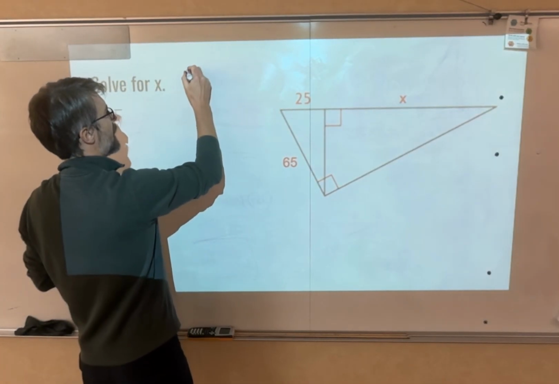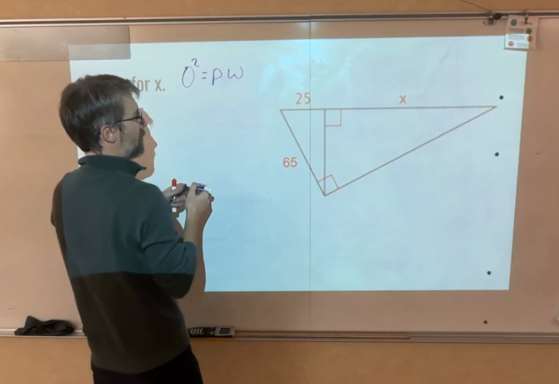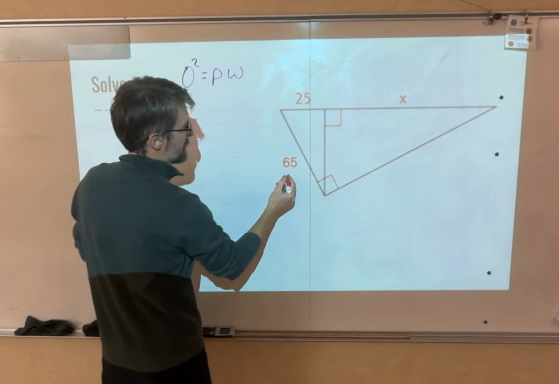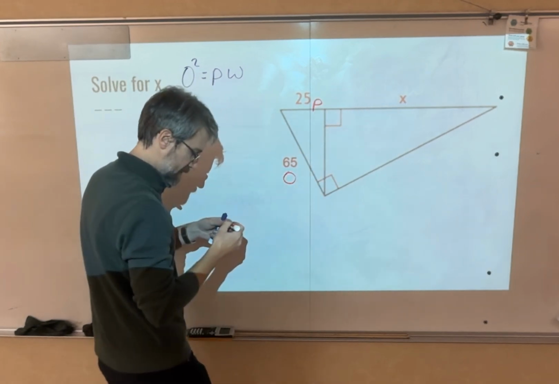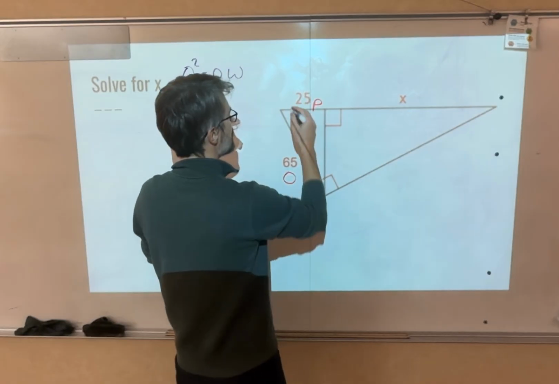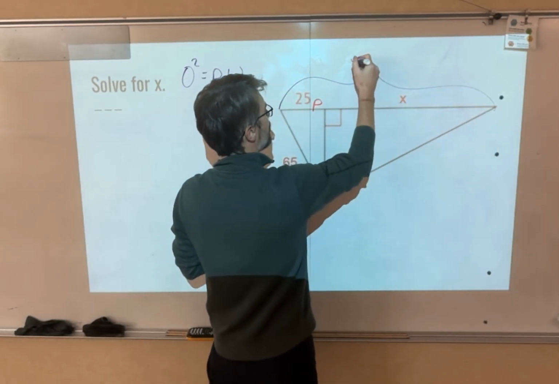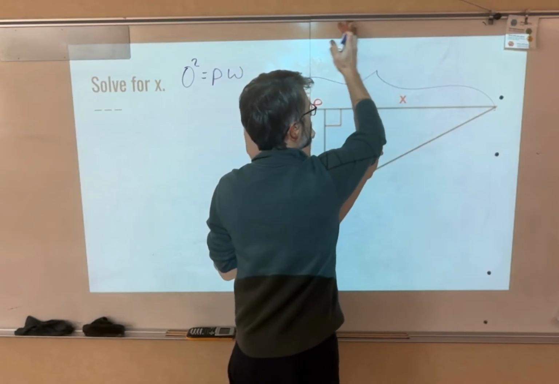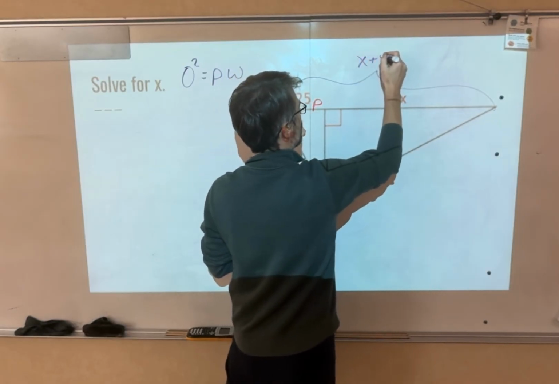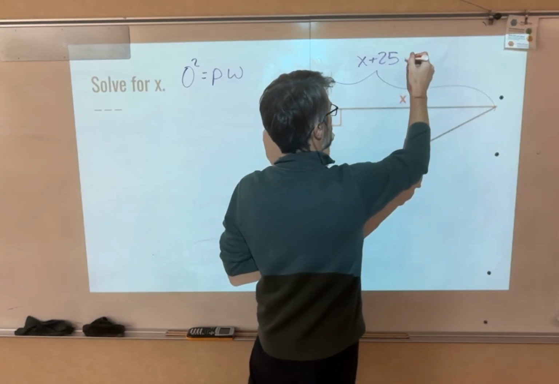So if we do the outside rule, O squared is the part times the whole. Well, this is the outside. This is the part, not the x. And then the whole is the sum of these two. So what we actually have is 25 plus x is the whole. Or I'm going to put x plus 25 just because I like that order better. And that is our w.